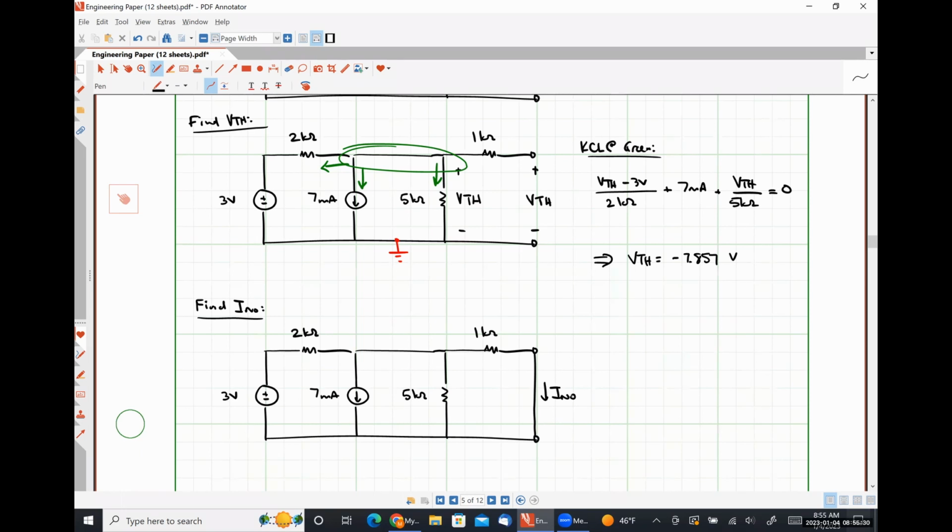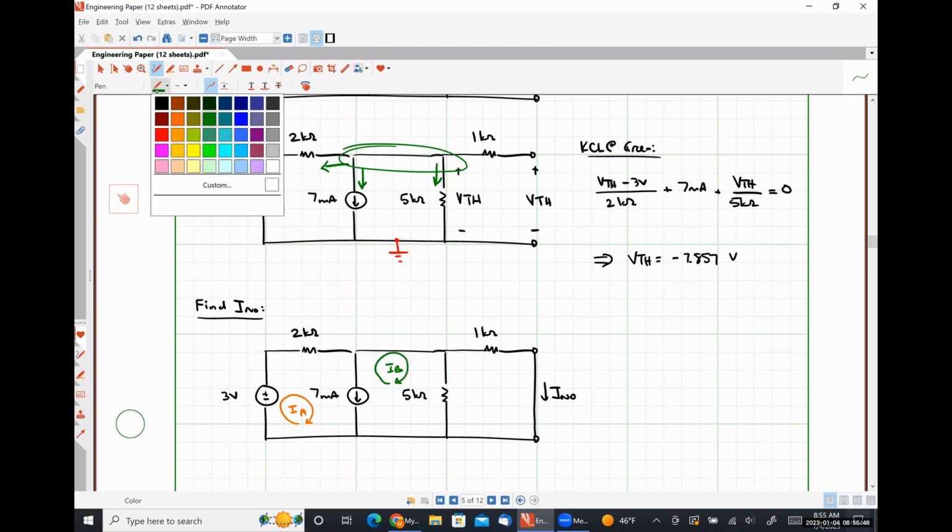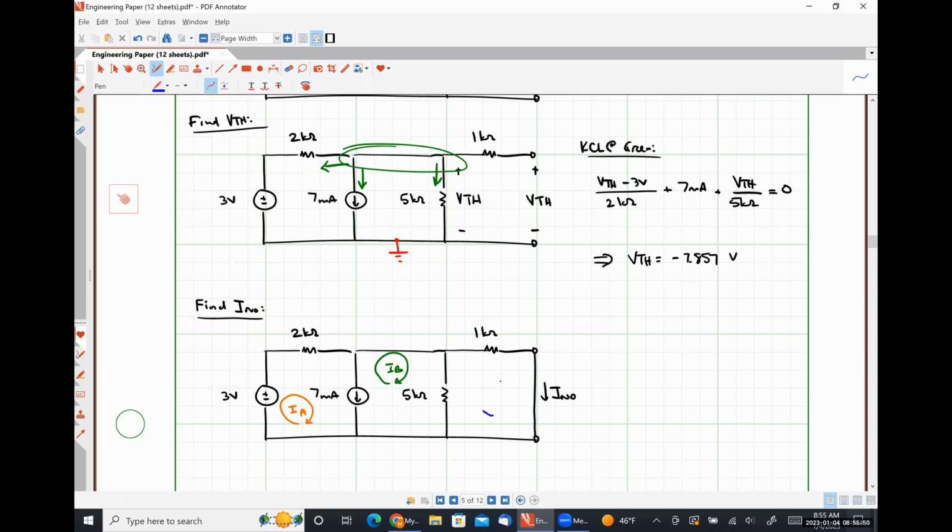We could do anything that we wanted to here, but I would argue that mesh analysis is probably the easiest thing to do. So here's IA. Here's IB. Here's IC. So our mesh currents have been identified and labeled.